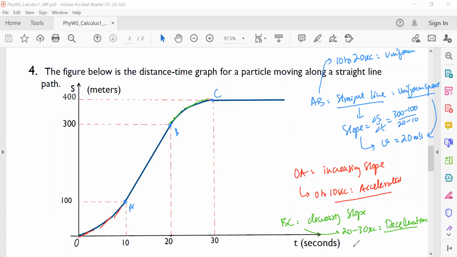And finally, after C, for T greater than 30 seconds, it's at rest, because the distance is not changing anymore. It's fixed. So you understood this quality of the motion that you learn just by observing the graph.